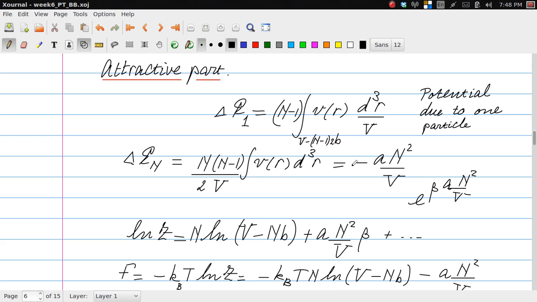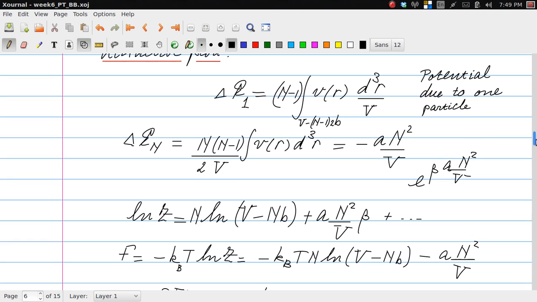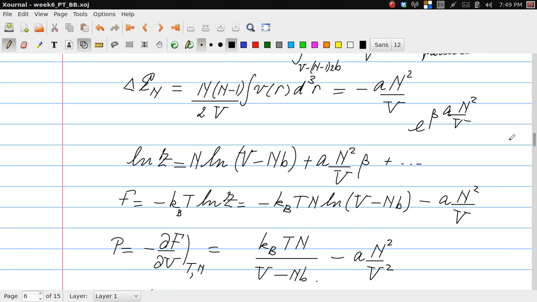Then we see that we arrive at minus a N squared in the large N limit, divided by V. And so in the integrand we have an extra contribution e to the power beta a N squared over V. So that should be included into the calculation of the partition function. And in that calculation we now look only at the V-dependent terms. So there is one term which is due to the excluded volume, and there is another term which is due to the attraction between the particles. So that contains this number a.